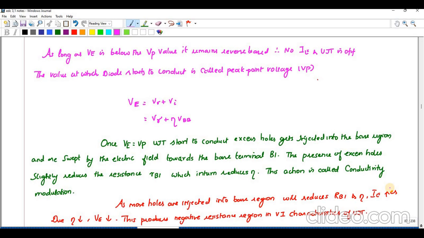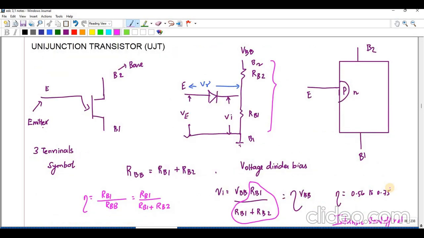So first we are going to apply a positive voltage to this one, VE. If I apply a forward bias, since this is P and this is N, forward bias means you have to apply a positive supply to VE. Initially VA is equal to the intrinsic standoff ratio into VBB, and this value is higher compared to VE if VE is 0.